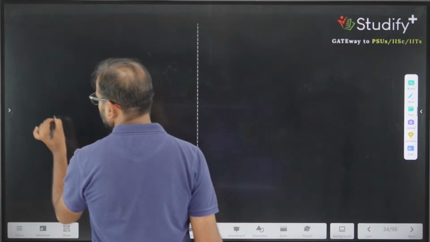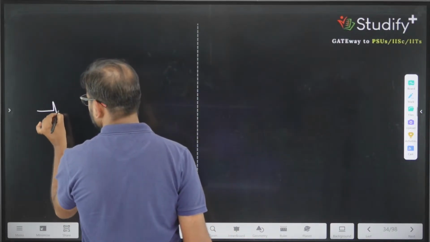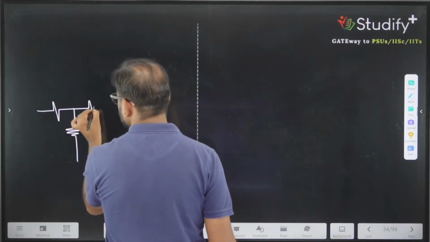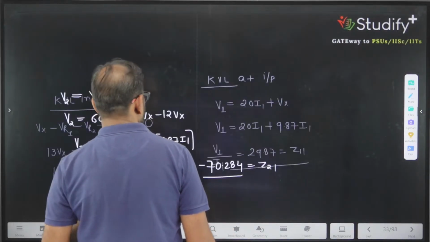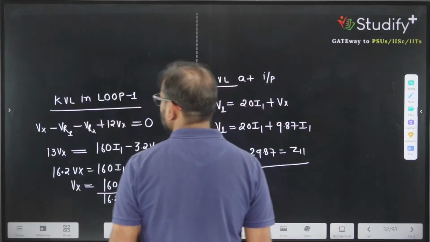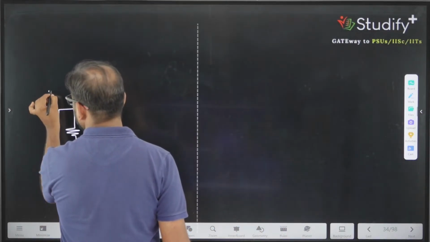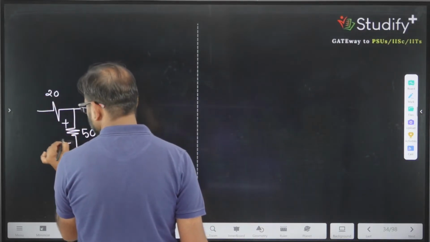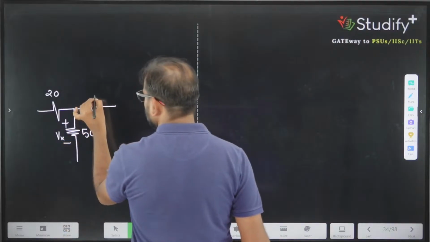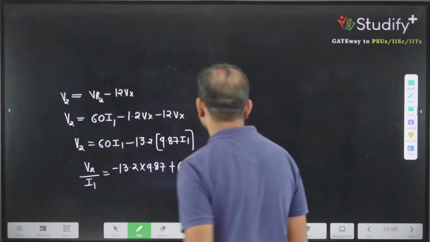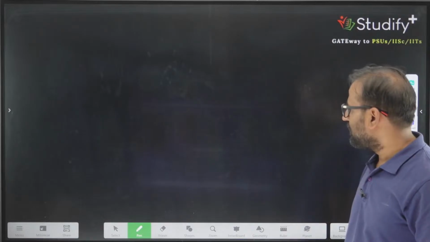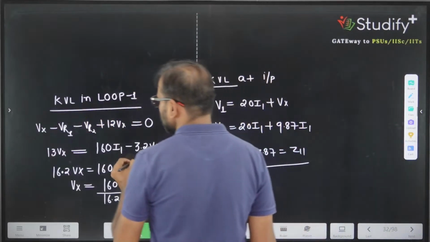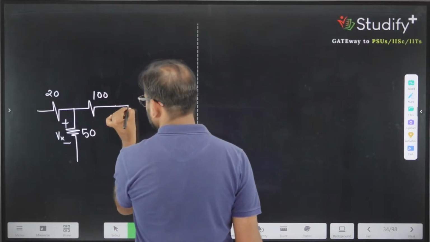We are calling this potential Vx. This potential is 100. And what else is given? 60 and minus plus 12 Vx. So we have one more branch.